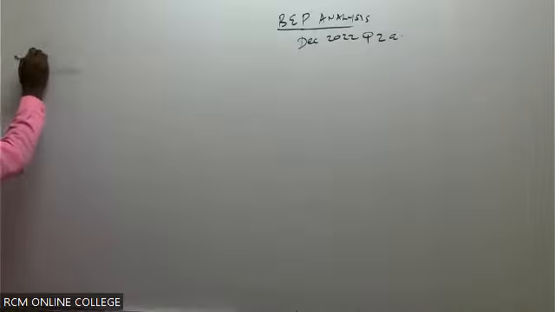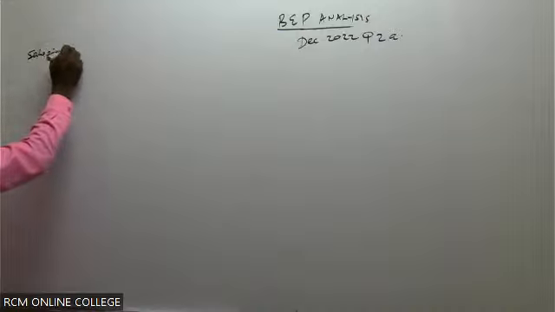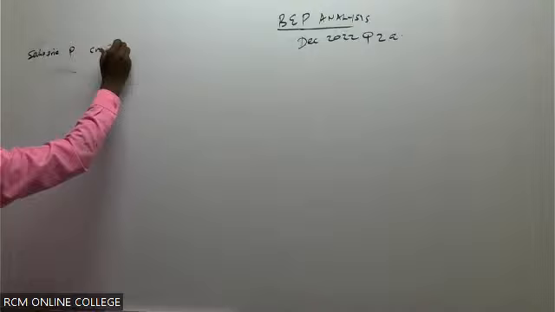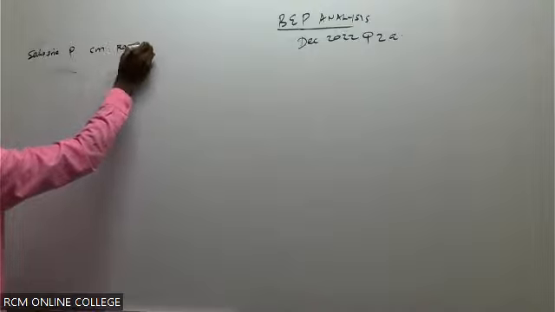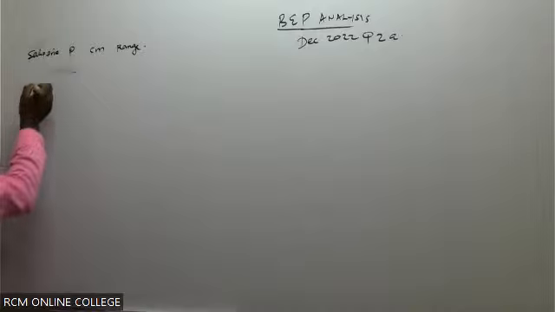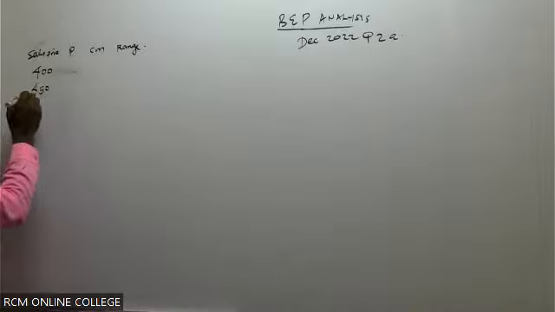So we have selling price, then we have probability, cumulative probability, then we get range. So we are going to have 400, 450, 500.